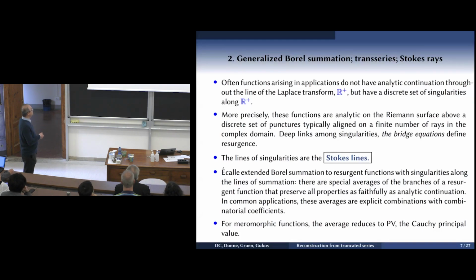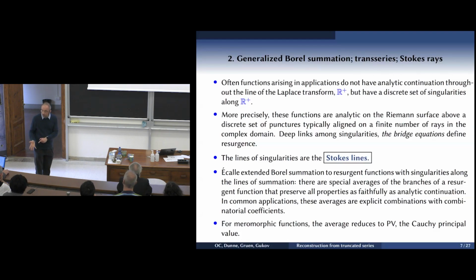And one of the other extraordinary discoveries of Écalle is that you can take an average of the analytic continuations on various Riemann sheets. That is as good as usual analytic continuation in that it commutes with all the operations, convolution included, because convolution is the inverse by inverse Laplace transform of multiplication.